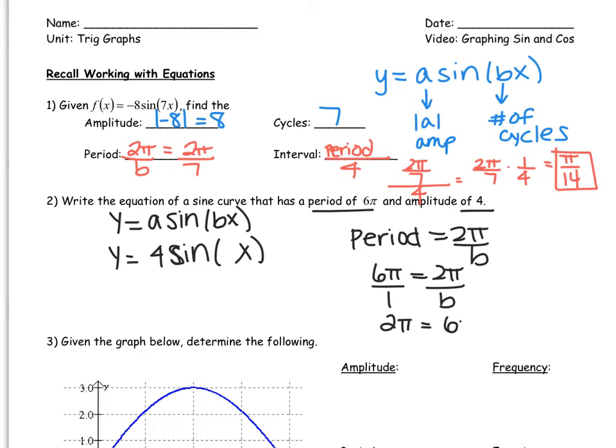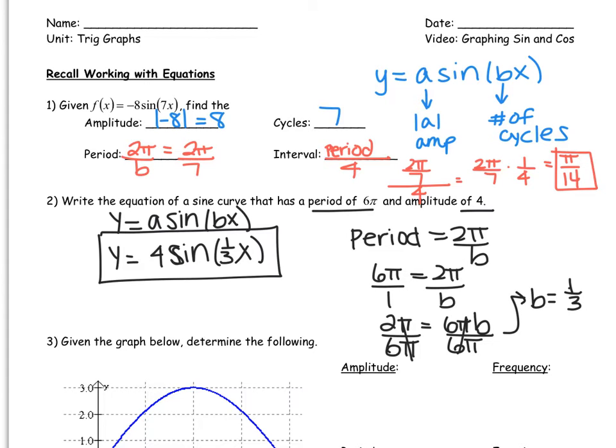So 2 pi equals 6 pi b. And to solve for b, I'm just going to divide by 6 pi. The pi's will cancel, so b is equal to 2 divided by 6, which is 1/3. So 4 sine 1/3 x.